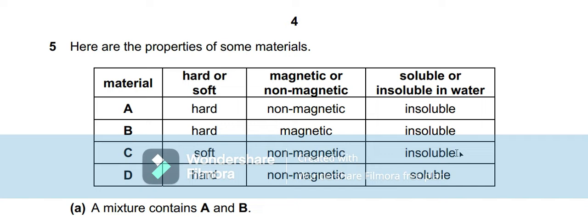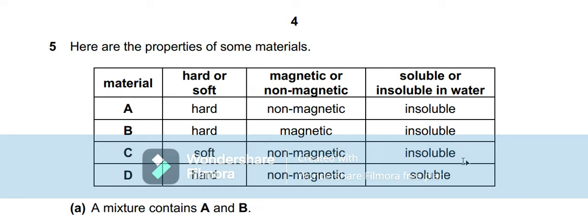So what you're supposed to do here, the first method, since D dissolves in water because it's soluble, for us to get rid of C first, you then have to filter. So first of all, use filtration.